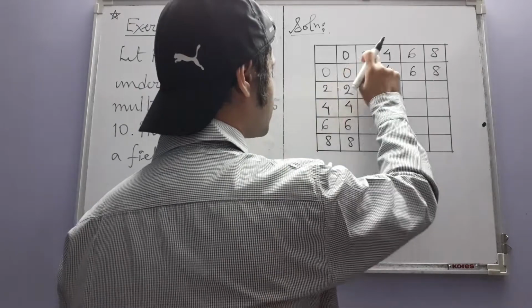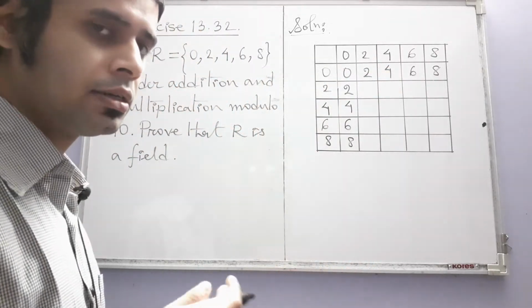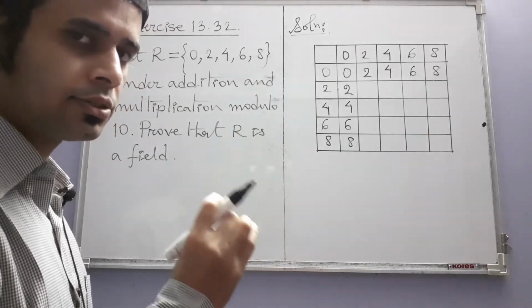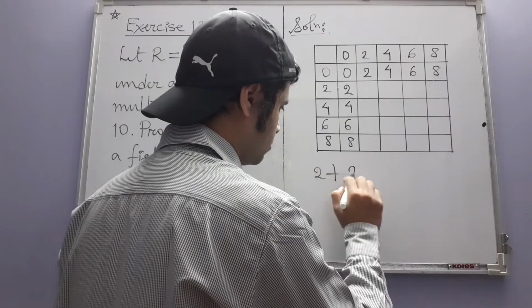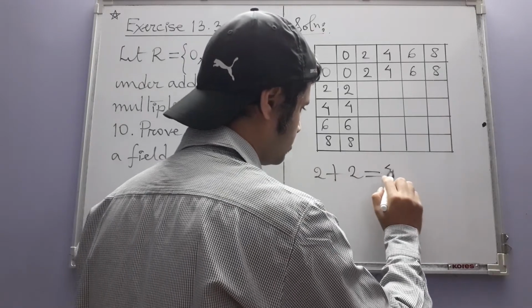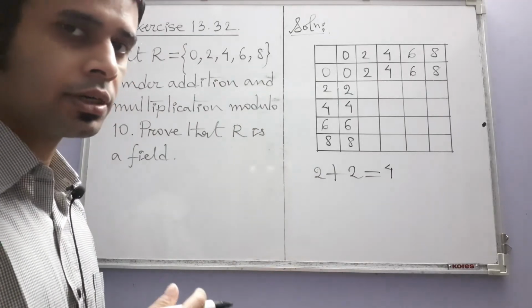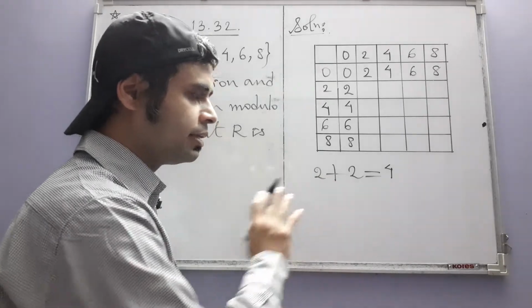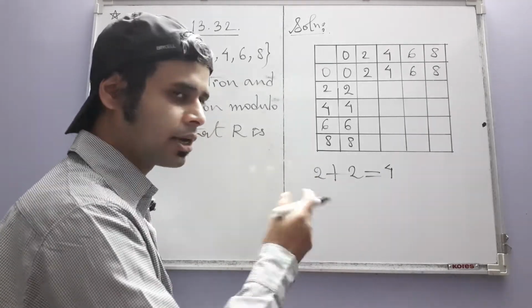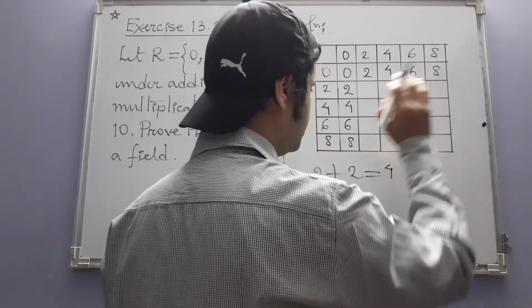Next, 2 plus 2 is 4, and when you divide 4 by 10, the remainder is 4, because that's the answer of 2 plus 2 when this is not ordinary plus but addition modulo 10. Of course, in this case we do not see anything new, it just seems like ordinary addition, but its effect you will see here.